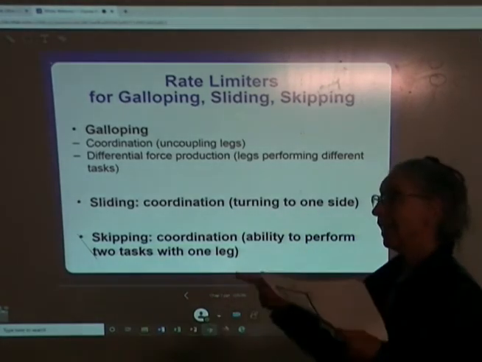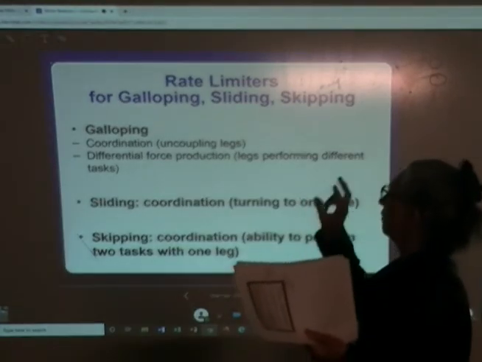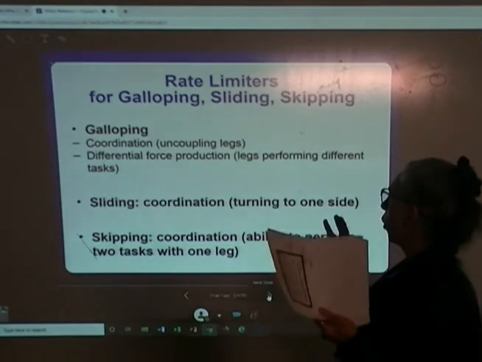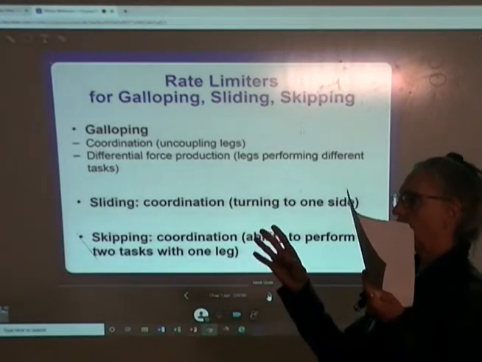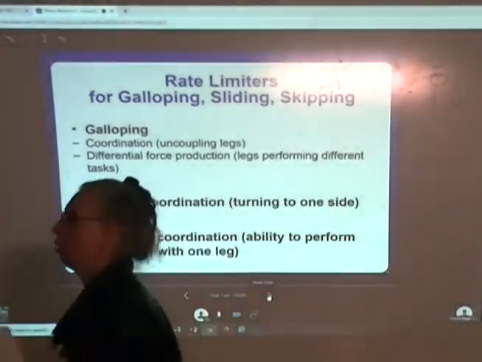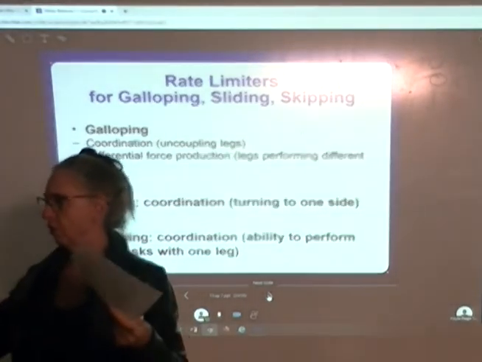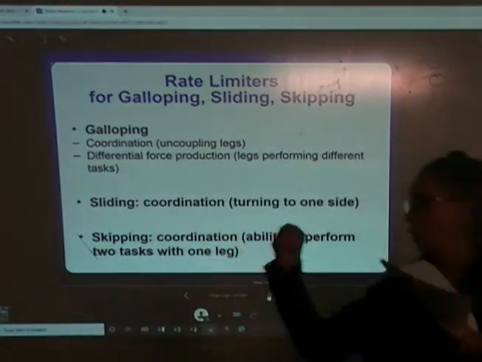Also, because the legs are doing different things, and I would put this under coordination as well, we've got different force production occurring on different legs. This leg is pushing off, this leg is landing. So, totally different muscular actions occurring in each leg.